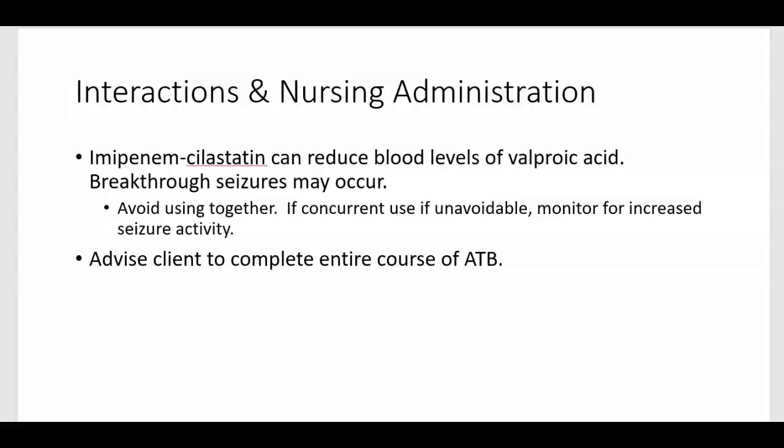So if the patient's taking valproic acid and imipenem, that serum level may drop below 50, and the patient may experience seizures. We want to avoid using the medications together, but if they are used concurrently, we want to monitor for increased seizure activity. Also, like all these other antibiotics, advise the client to complete the entire course of the antibiotic.